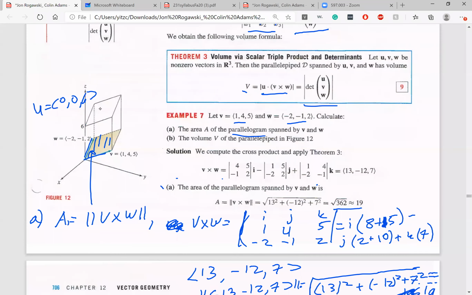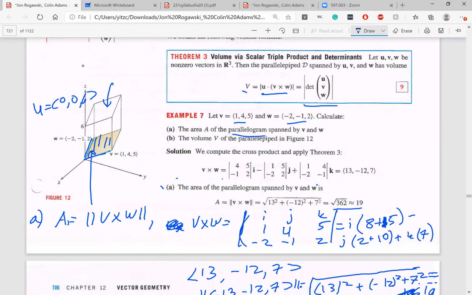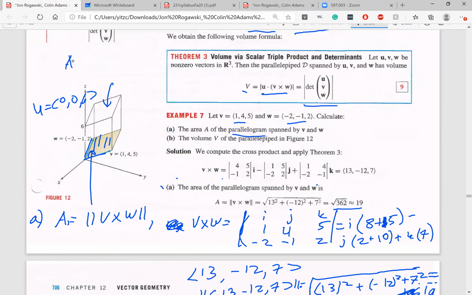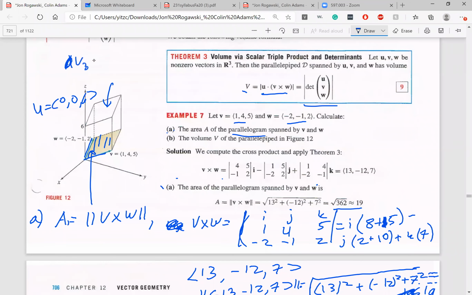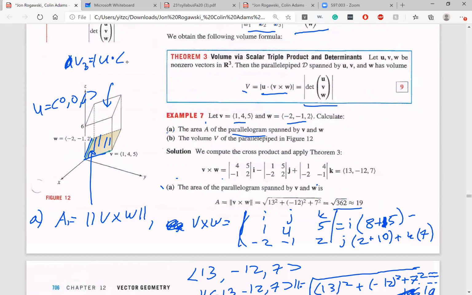We know that the volume of this parallelepiped is going to be equal to the absolute value of u dotted with v cross w.